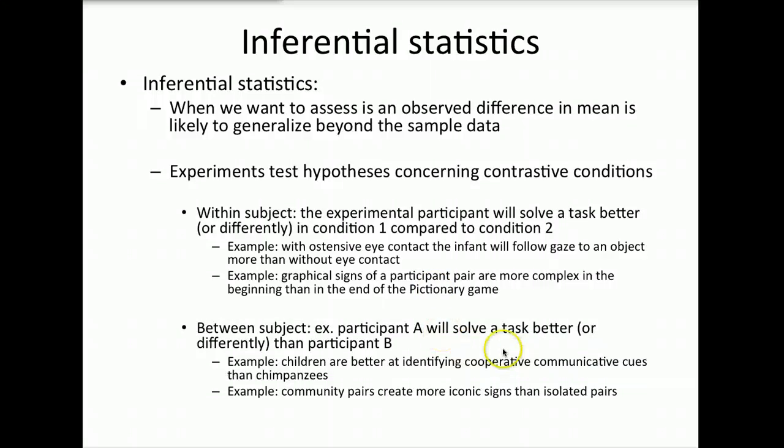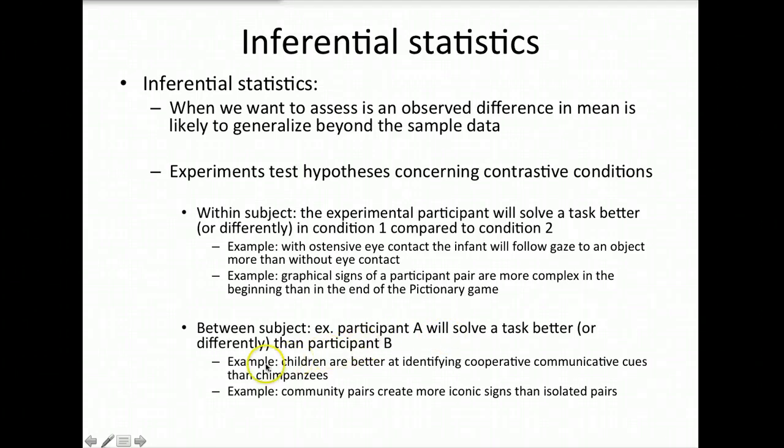Another kind of contrast that we often use in experiments is a between participant or between subject contrast. So we have two populations of participants that differ on some kind of crucial parameter, and we then observe the extent to which they perform differently at the same task.